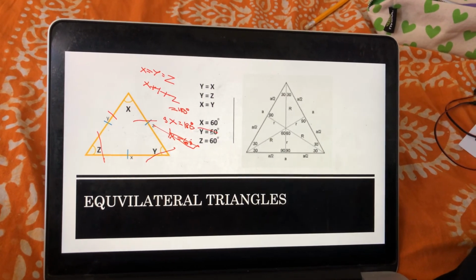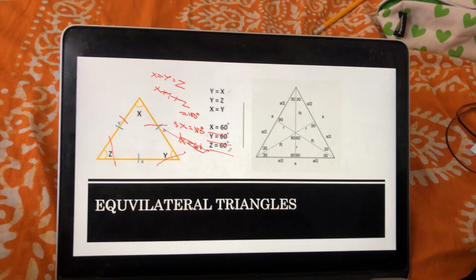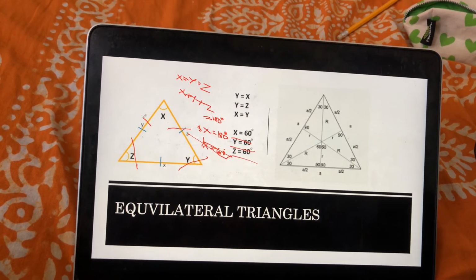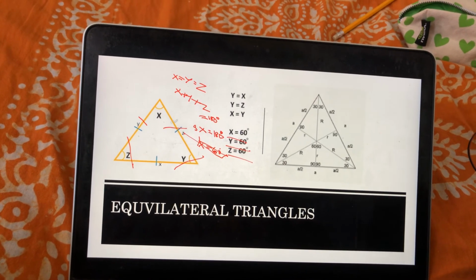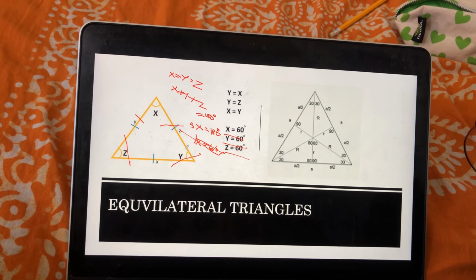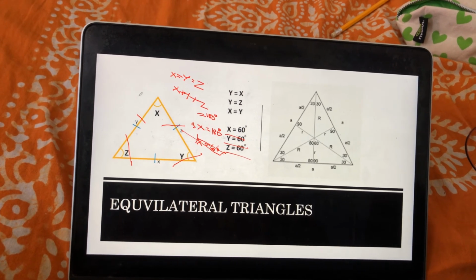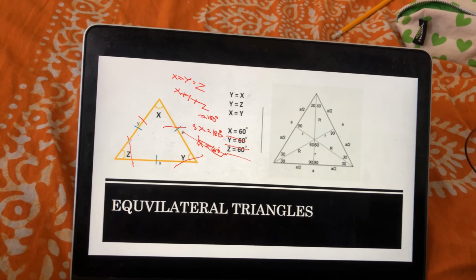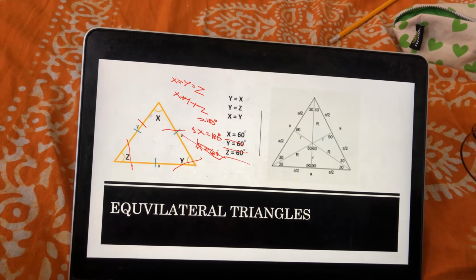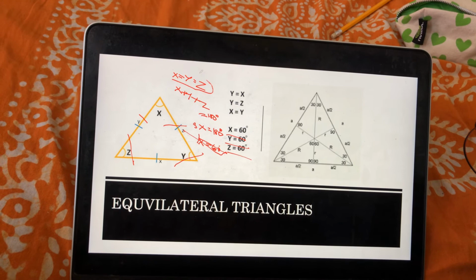But x is equal to y, so all are equal. Once again, if two sides are equal, their opposite angles are also equal. But here three sides are equal, so all the angles are equal because opposite angles must be equal. Based on that, x, y, z are equal.